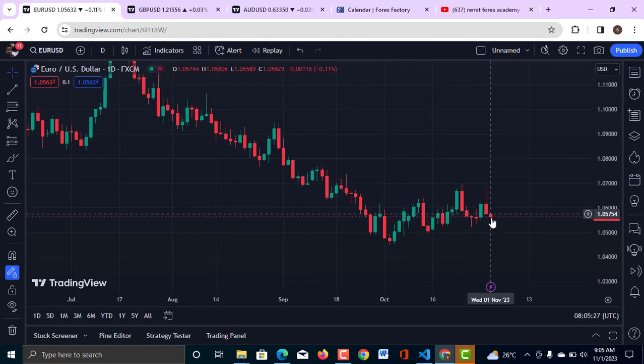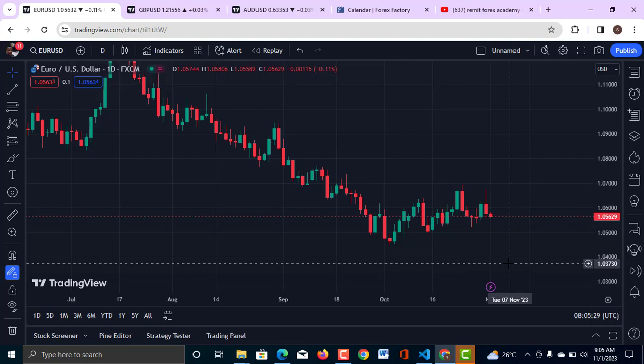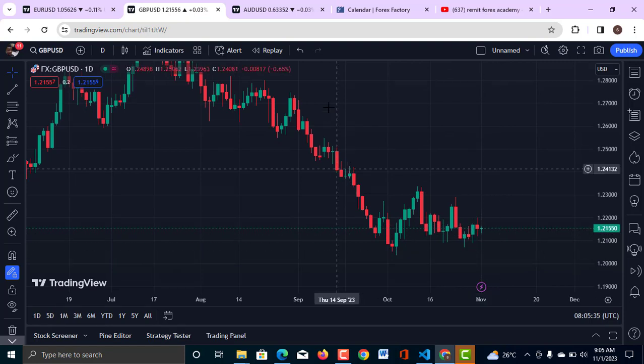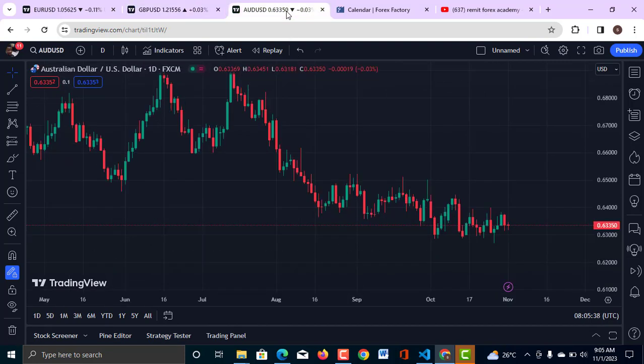That means expect the market to move downward if there is a hike in interest rate. The same thing on GBP USD, expect the market to move downward, and on AUD USD as well. These are the various things you need to watch and monitor right now on USD pairs.